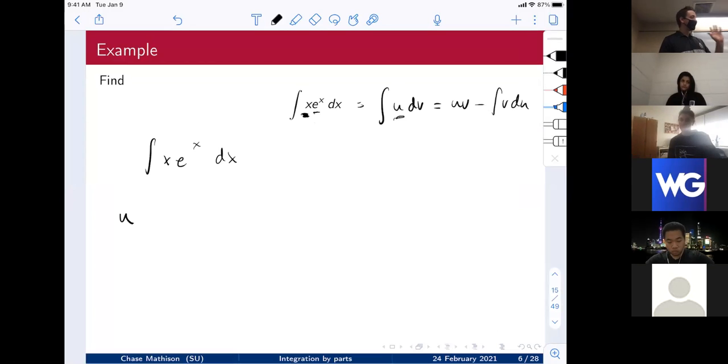I'm going to tell you right now that if you pick u to be x, then dv is going to be everything else. dv is going to be e to the x dx. This is the right choice that you should make for integration by parts with this function. And again, I'm going to tell you the rule of thumb after this example. Okay. But if u is x, then what is du?